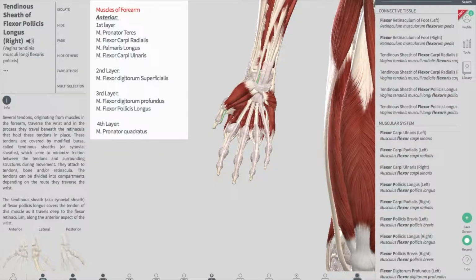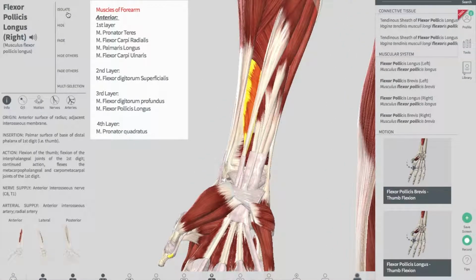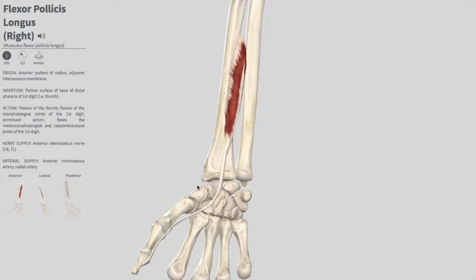Flexor pollicis longus, this one here. Flexor pollicis longus is going to arise from the anterior surface of the radius and the membrana interosea, and then going to insert at the phalanges distalis of the pollicis, of the thumb.